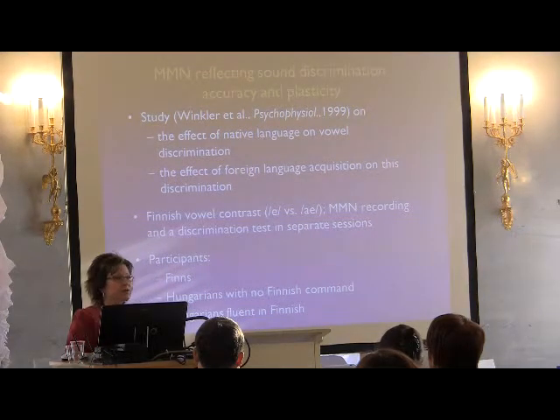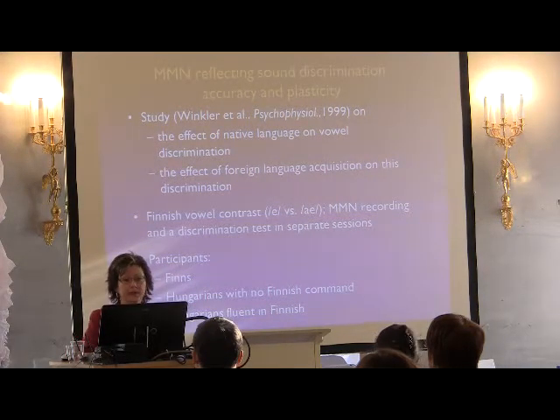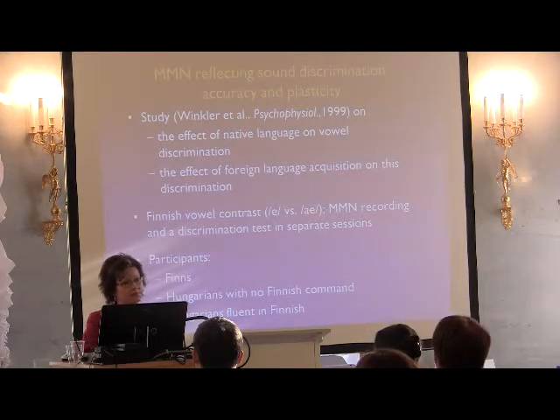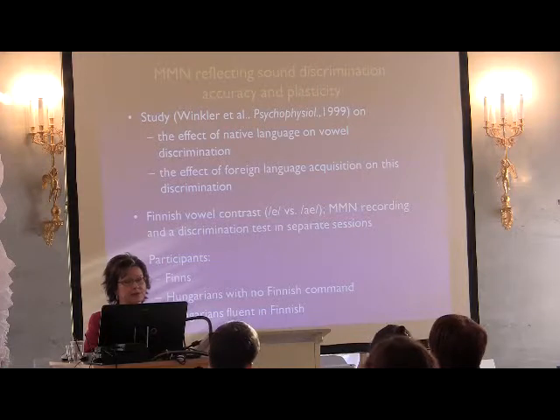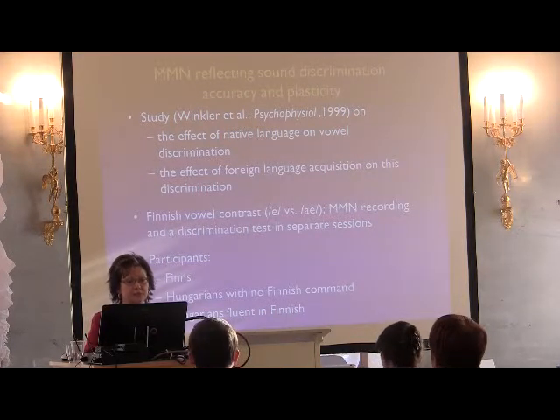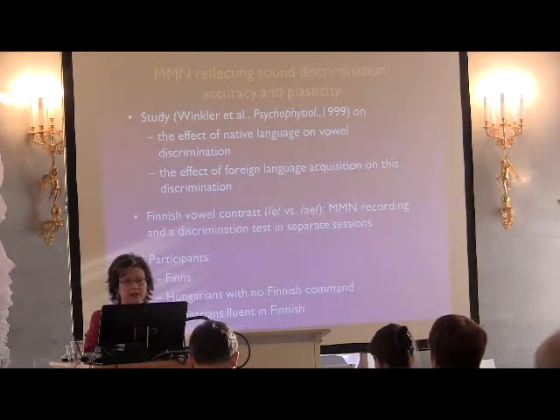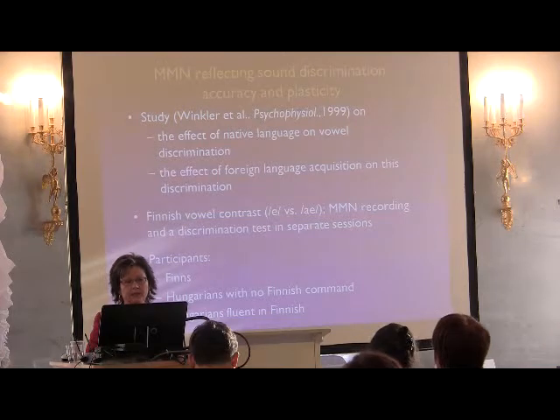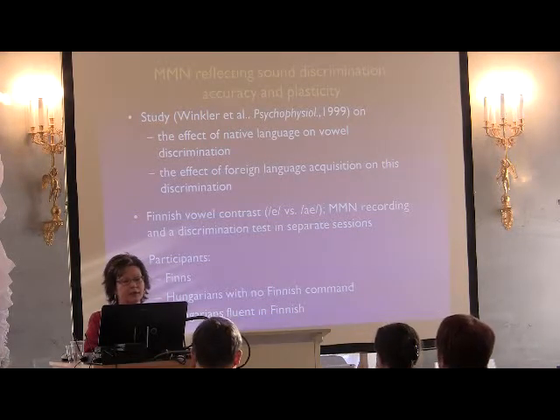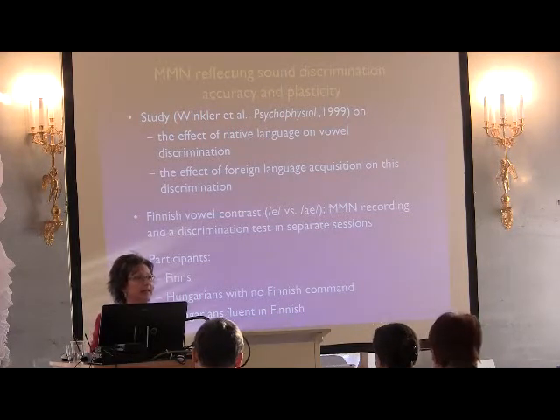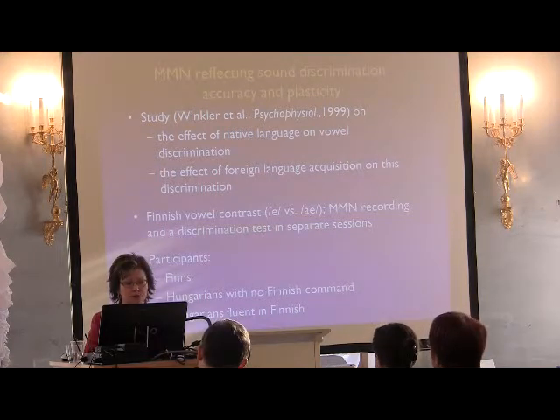I will first present results from an adult study to demonstrate how this response reflects speech sound processing, or memory traces for native language speech sounds, and foreign language learning. A study by Winkler et al., in which a Finnish vowel contrast e versus ä was used.